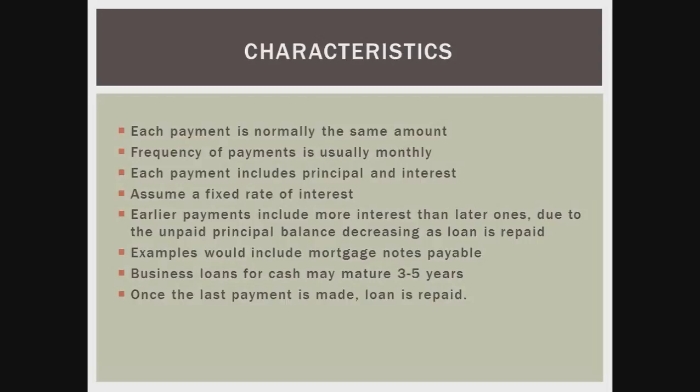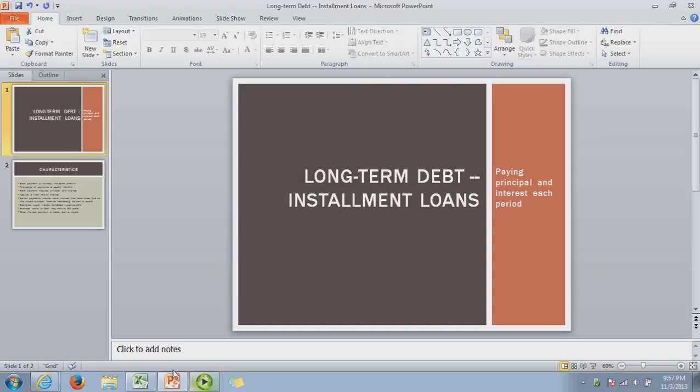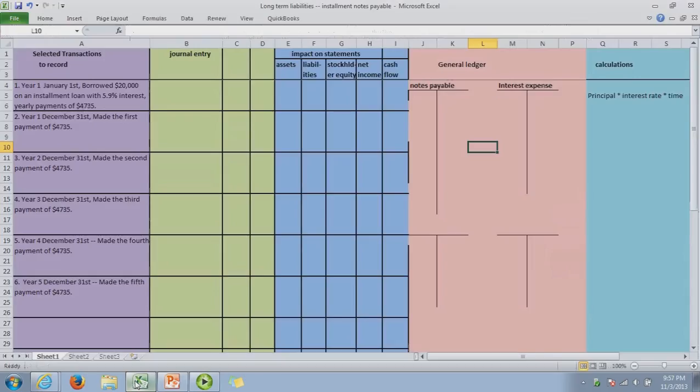Now, most of these loans have monthly payments, but to shorten our problem, we're going to do yearly payments. So here is our example. It's going to be a 5-year loan, $20,000 total principal.